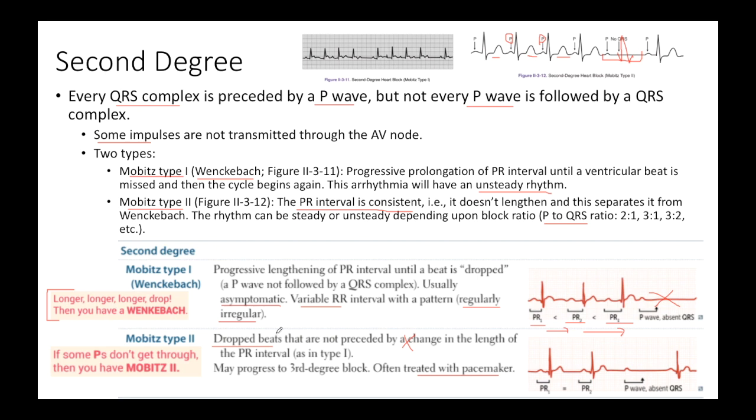And this is usually caused by fibrotic changes in the bundle of His, so something more serious is going on. And the poem line for this guy is, if some P's don't get through, then you have Mobitz 2. So again, this one is random, so keep that in mind.